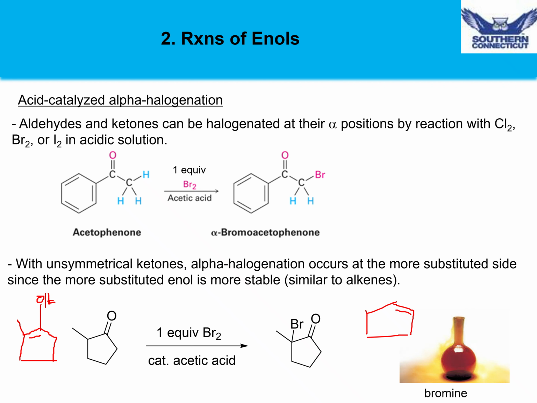The double bond of the enol would be towards the right side in the less substituted enol. We still have the methyl group here. So this enol is less favored since the double bond is less substituted compared to the double bond on this one. And so the reaction will occur through the more substituted enol, and therefore the substitution of the halogen will occur on the left side of this ketone.